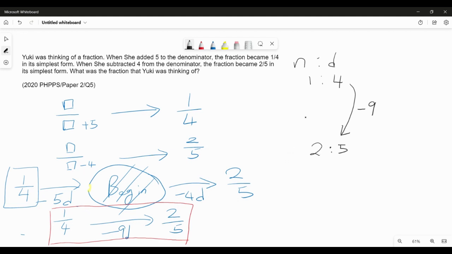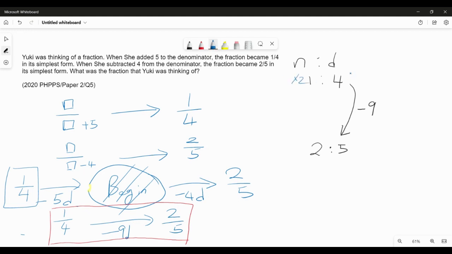Now notice that this is a one-side-unchanged concept. Your numerator was never changed from the start until the end. So we should make the numerator side of both ratios the same. For 1:4, if we times 2 both sides, what do we get?